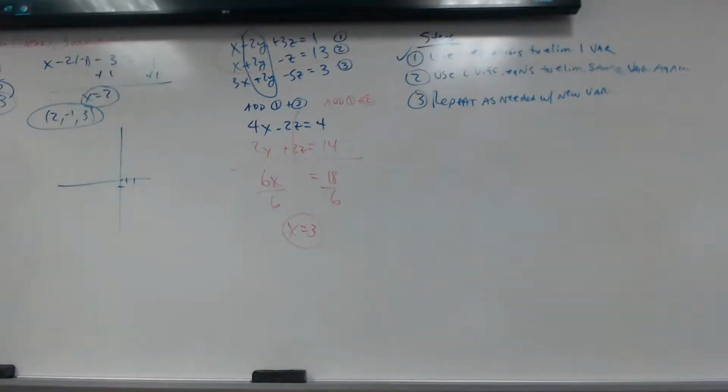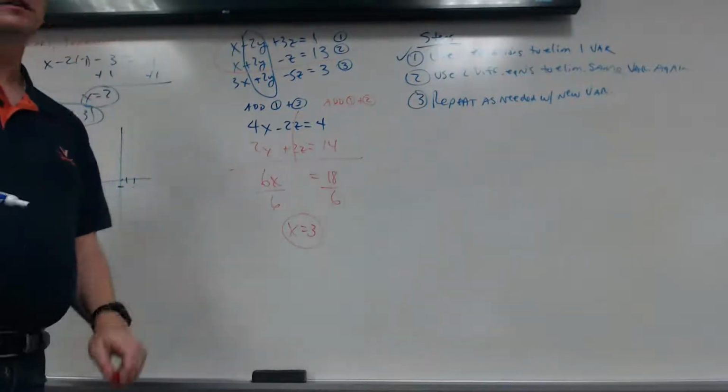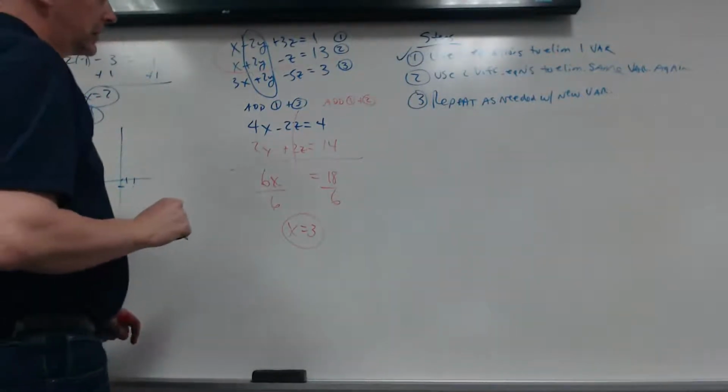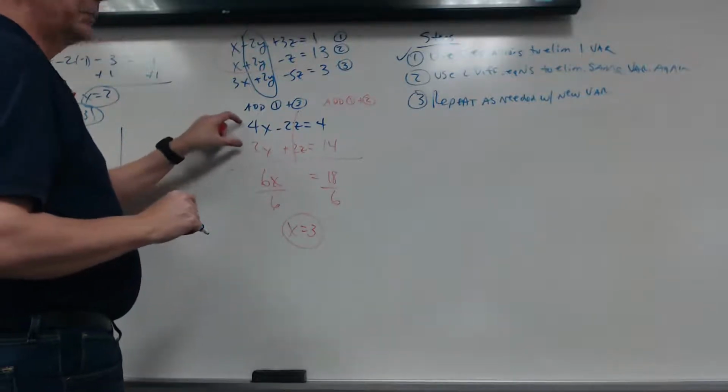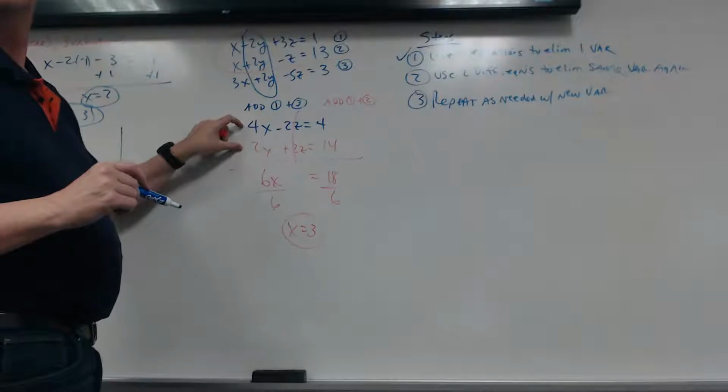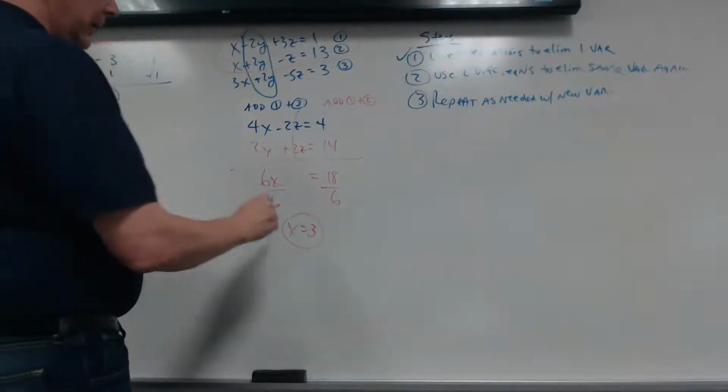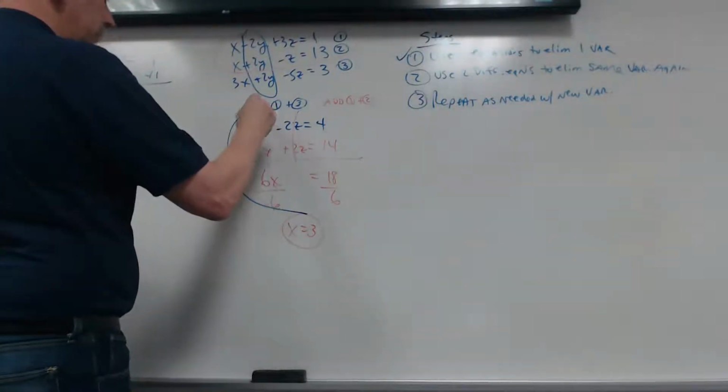What do we do? Plug it back in. You can plug it back into which equation? We got 2 sets now. Let's plug it into one of these 2, right? Which one, top or bottom? Let's do the top one. Okay, so we're going to plug this into the top equation.